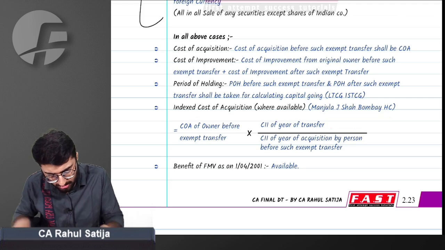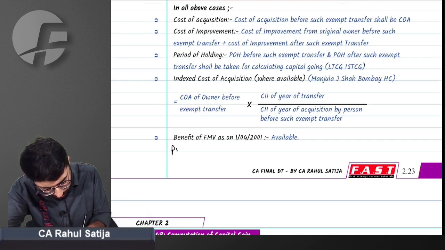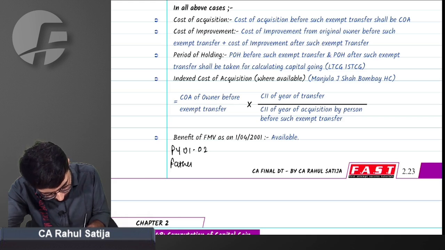For example, just listen. Previous year 01-02, father bought a property for 10 lakh. Previous year 07-08, gifted to son.